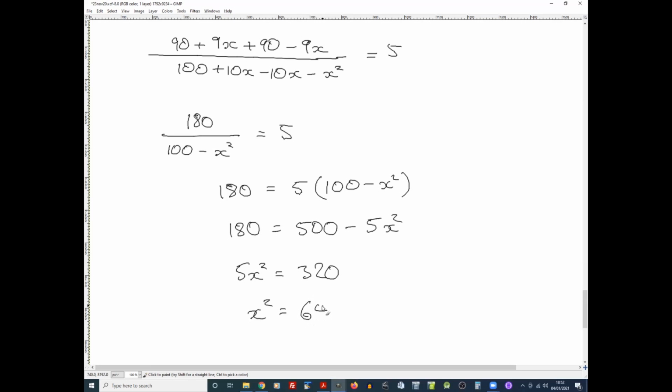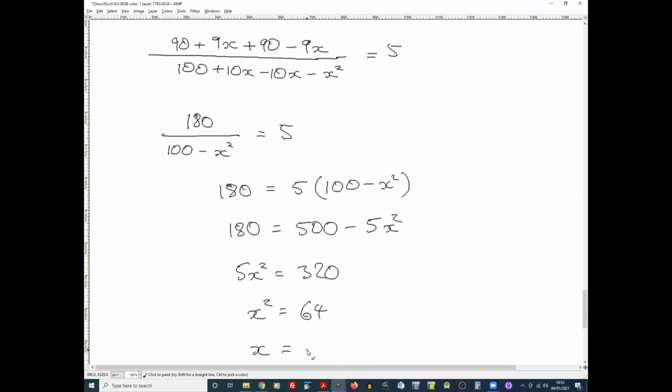Anyway, x squared therefore equals 64. Lovely. And therefore x equals the square root of 64. So 8. So 8 or the square root of 64. Yeah, the square root of 64 is 8, but what's the other square root of 64?